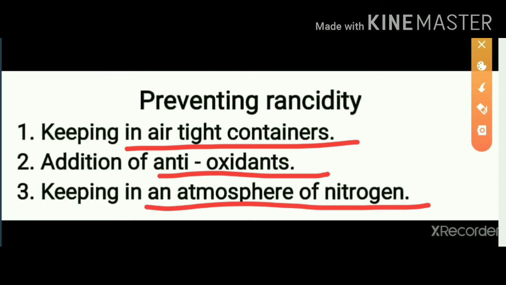Nitrogen gas helps to avoid food items coming in contact with oxygen, so keeping these items in the presence of nitrogen will also help reduce rancidity.